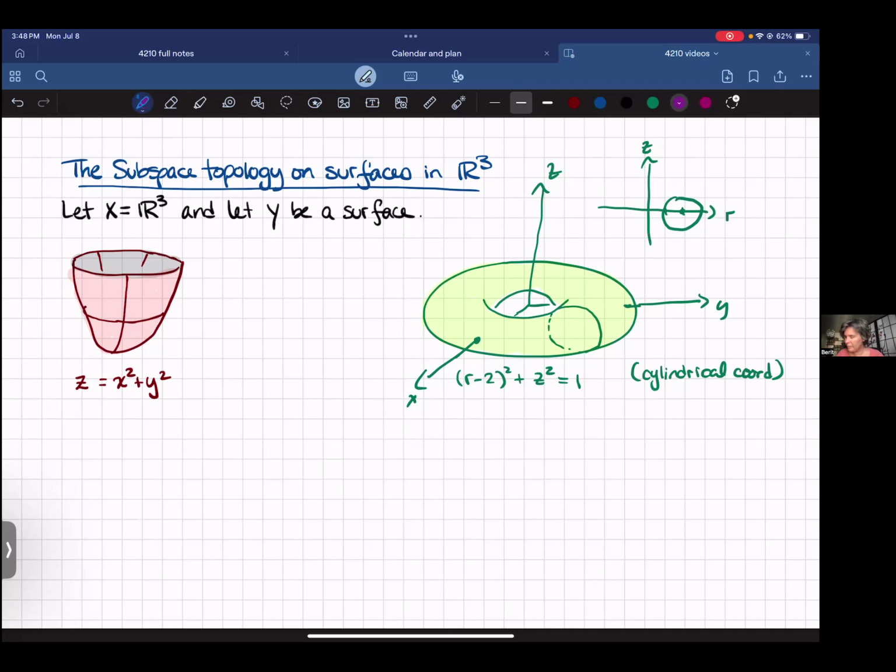It's quite disappointing. And so I claim that it would look like circles lying on the surface of the donut. So the open sets would look like circles lying on the surface of the donut.